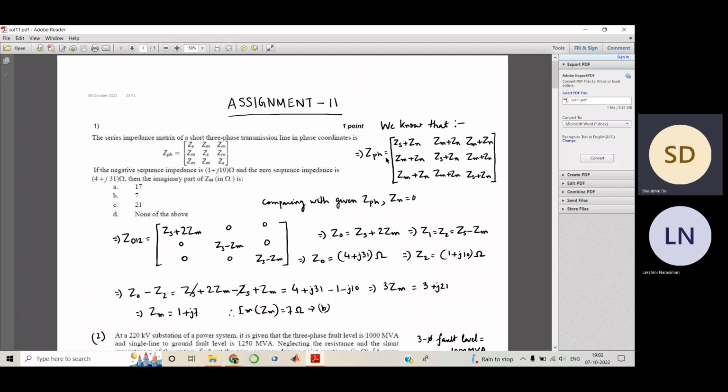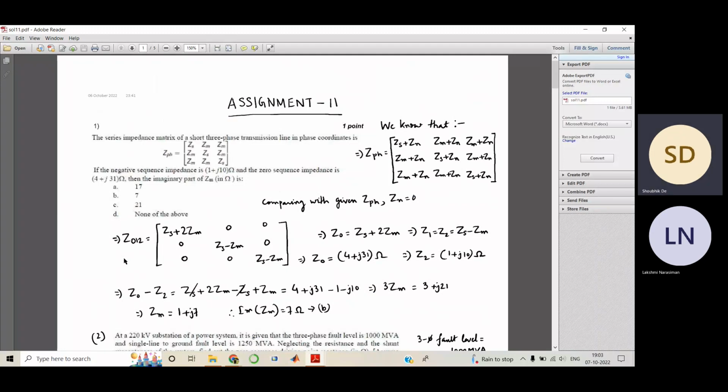Where ZS is the series impedance of that phase, Zm is the mutual impedance of a particular phase with the other phase, and Zn is the neutral or ground impedance. So if you compare these two matrices, you'll notice that there is no ground impedance there. That is why Zn is 0.